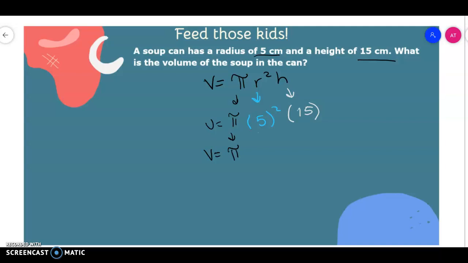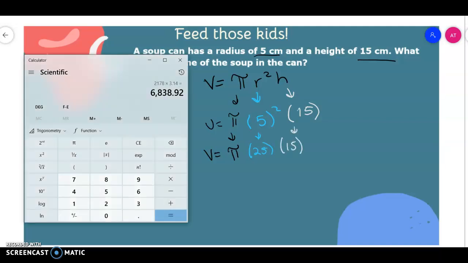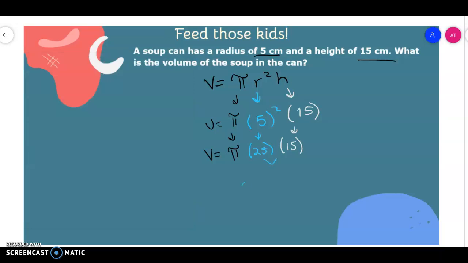So I know that 5 squared, 5 times 5, is going to give me 25. And I need to multiply that by 15. So I'm going to take 25 and multiply it by 15, and I'm going to get 375. And remember, at any point you can always pause the video, try the problem yourself, and see if you got the same answer.